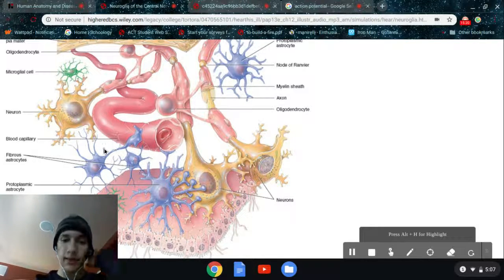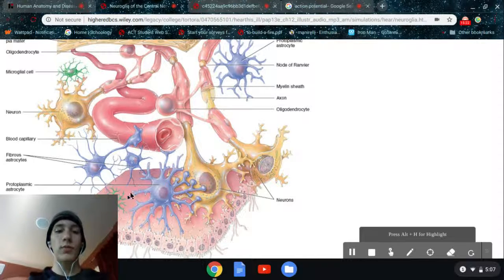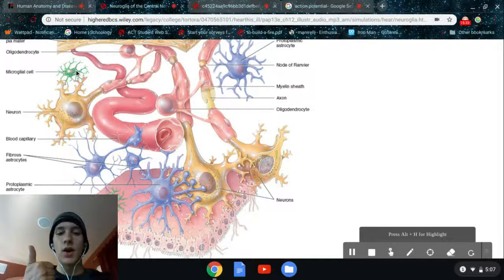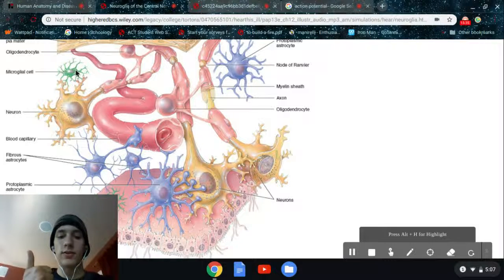Astrocytes keep the blood-brain barrier. They provide support. Microglia are also known as cerebral macrophages. They are basically immune. They clean up debris from neurons and dead neuroglia.